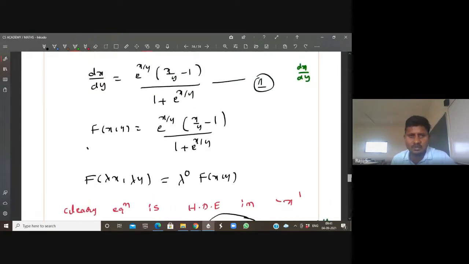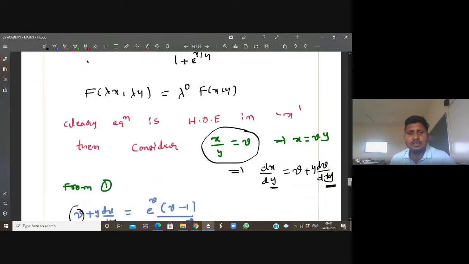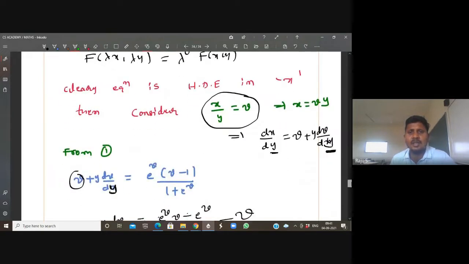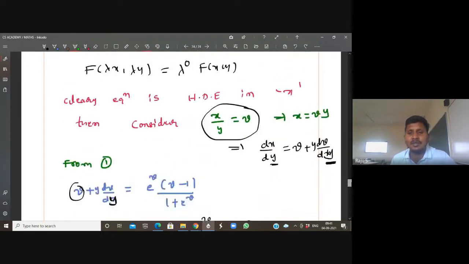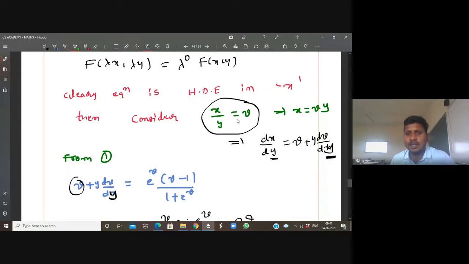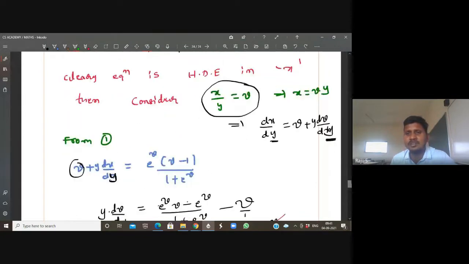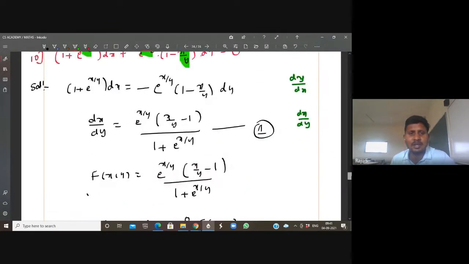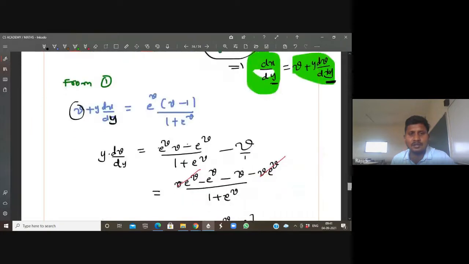Yes, we surely will get that. So it is a homogeneous differential equation in x, and take x by y equal to v. Then x is equal to vy; differentiate with respect to y using the uv rule. So this dx by dy is clearly equal to this value. Now replace the dx by dy value and the x by y value in equation 1 and we will get this.